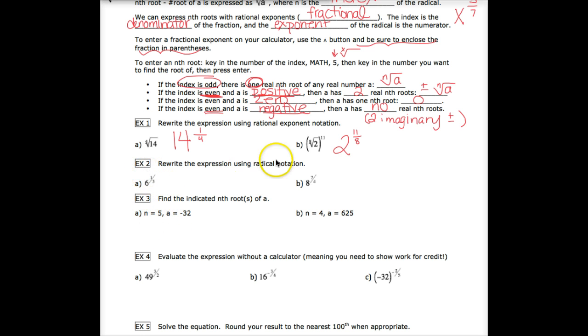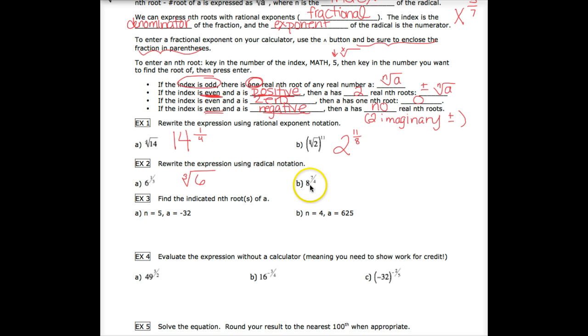Example 2 is just going the opposite direction, working backward. So here, my base is 6, so I know that's going to go under here. And my index should be 3. Since this is a 1, that means it's to the first power, which means I don't actually need to write it. So cube root of 6 is equivalent to 6 to the 1/3 power. All right, so again, pause it here.